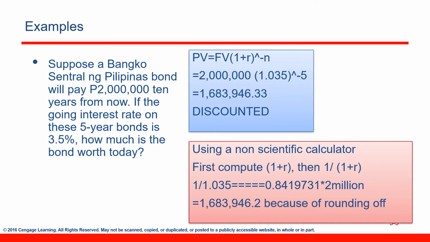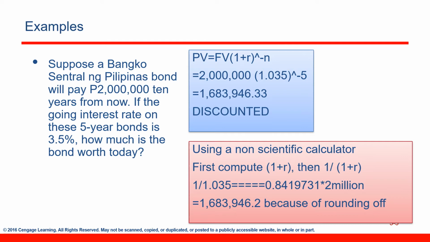So if you are using a non-specific scientific calculator, first compute the present value factor of 1. So 1 plus r, okay? 1 plus r, then 1 divided by 1 plus r. 1 divided by 1.035, and then equals. You count for how many years? So 5 years.